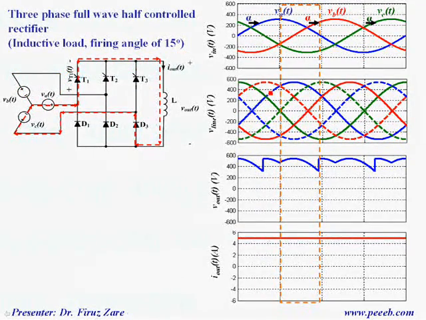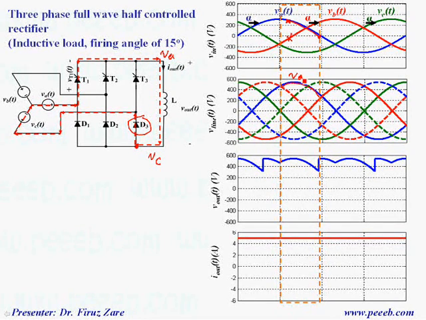Now over this cycle, here we can see that phase C is lower than phase B and phase A. So in this case, this diode conducts. That means this terminal is connected to phase C. And because phase A still conducts until this time, when we're going to apply gate signal to this thyristor, over this cycle we have line voltage, which is basically VAC.